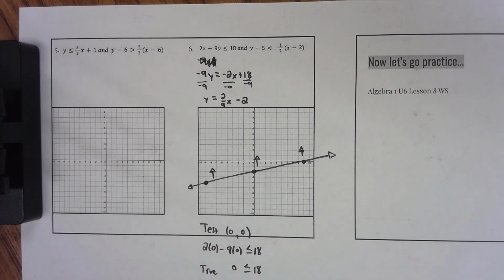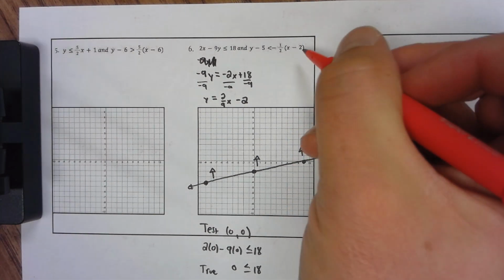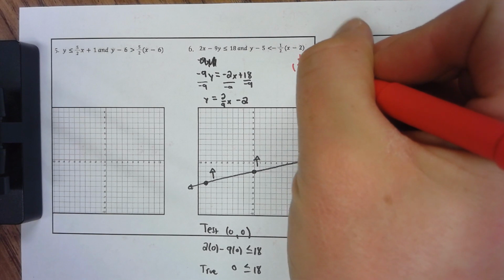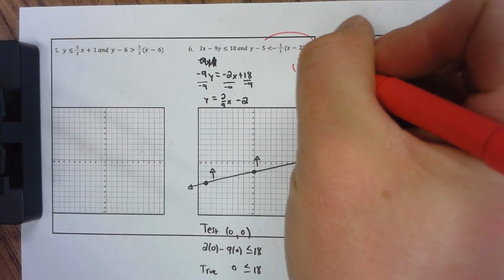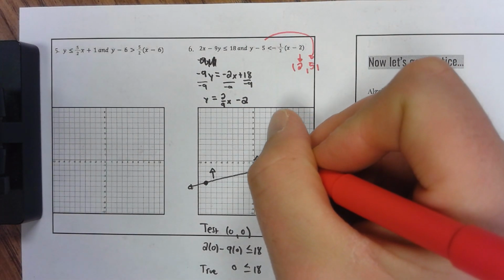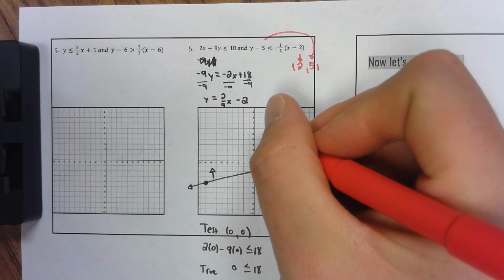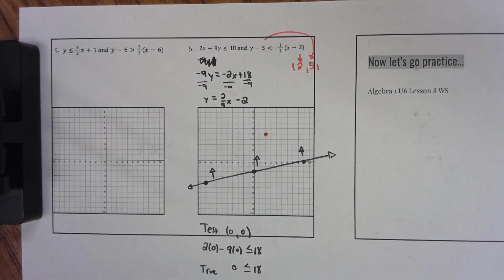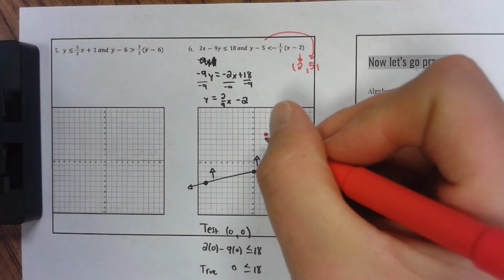And now for our last line, this line starts at 2, comma 5. So that first point, I'm going to go right 2 and up 5. And a slope of negative 1/2 has me going down 1 and right 2.